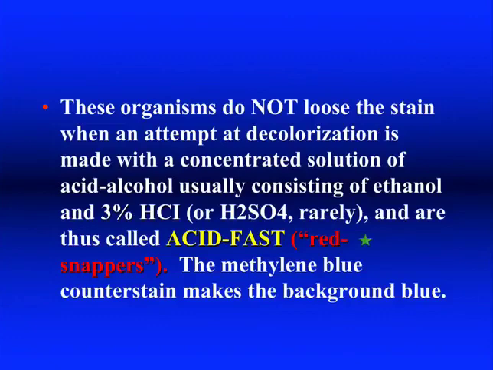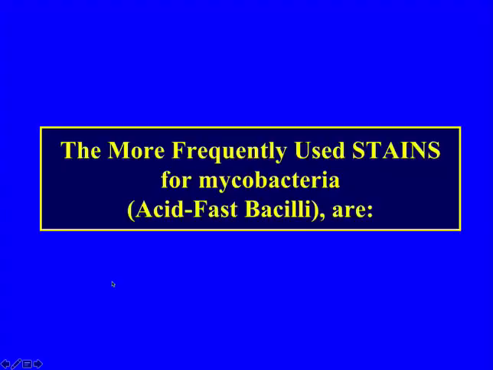And most interestingly, these organisms do not lose that stain when an attempt at decolorization is made with a concentrated solution of acid alcohol, which usually consists of ethanol and a concentration of either hydrochloric acid or sulfuric acid. And thus, those agents are called acid-fast. They hold on to the carbol fuchsin in the presence of ethanol and acid, and they remain red, and thus the term red snappers. The methylene blue counterstain will make the background blue.